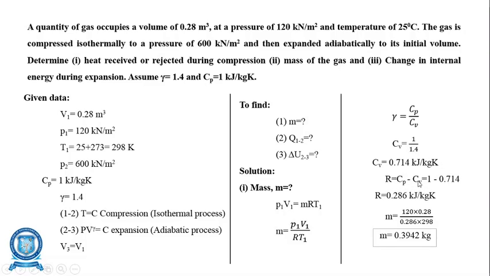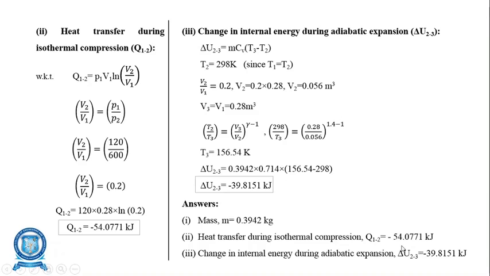Both Cp and Cv are known, so R is equal to 0.286 kilojoule per kilogram Kelvin. From this, m is unknown, and by solving the equation we get m is equal to 0.3942 kilograms.